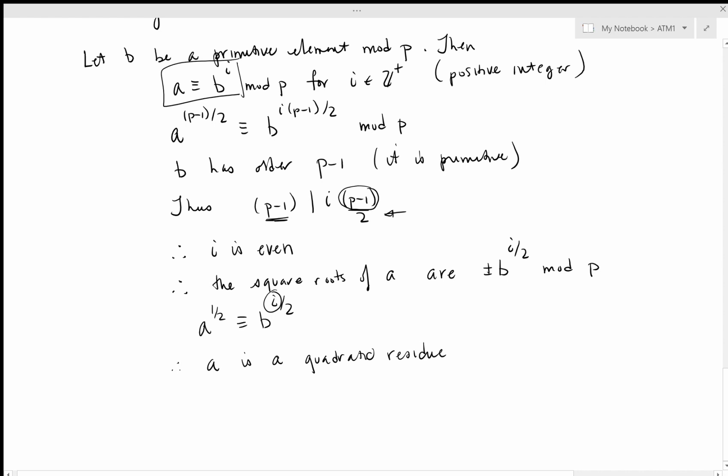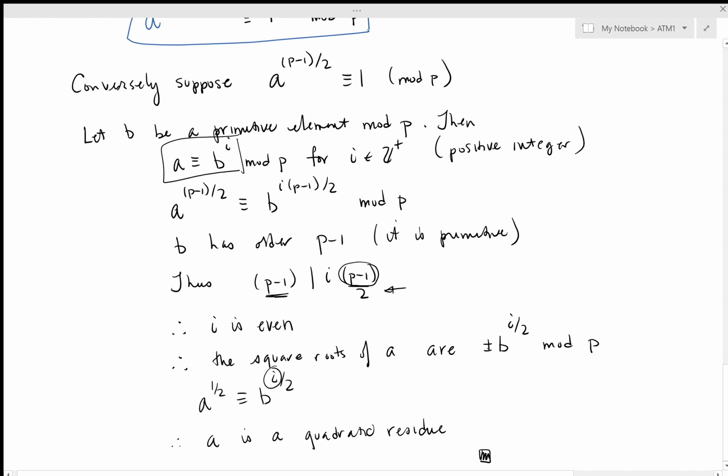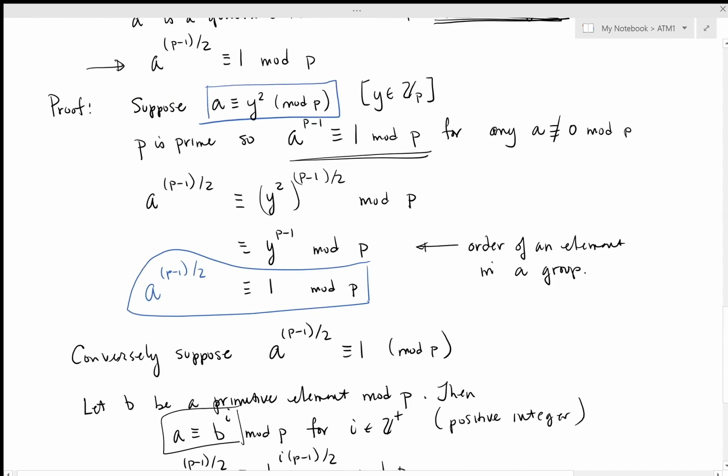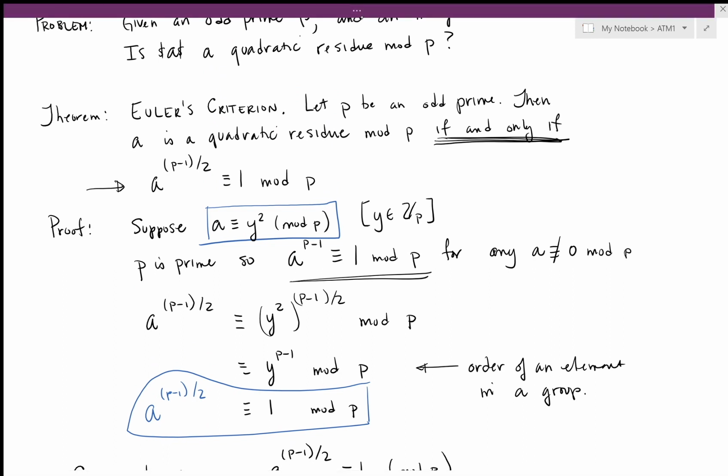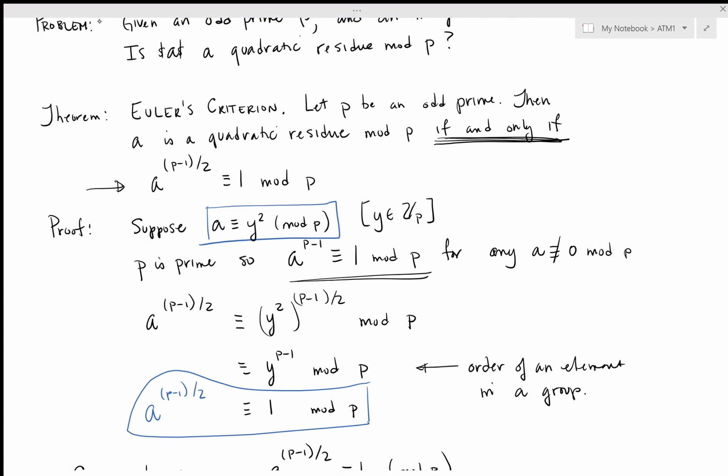Okay, so now we can much more easily answer this question that we've been having. If we have some odd prime and we're given a number a, and we want to know, is a a quadratic residue?